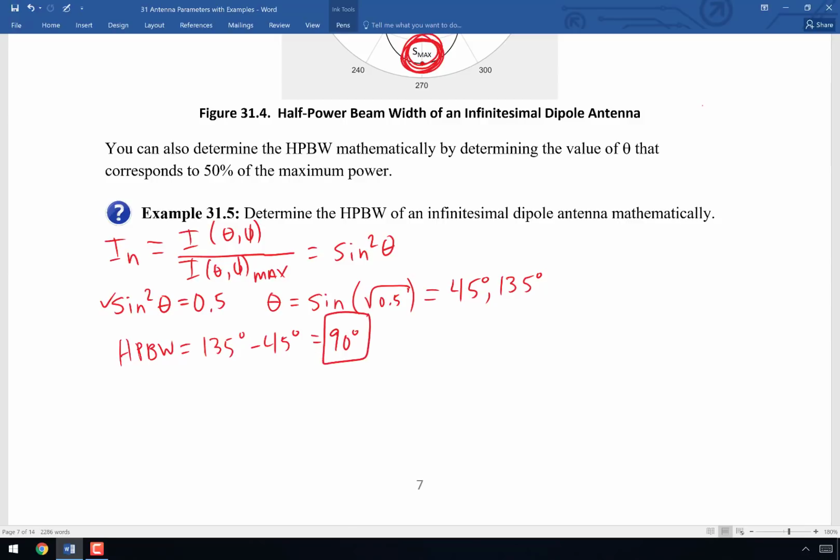I don't have to solve the half-power beamwidth graphically. If I can write the equation, figure out the normalized function, set it equal to 0.5, and solve for theta, then I can find the half-power beamwidth analytically, mathematically.